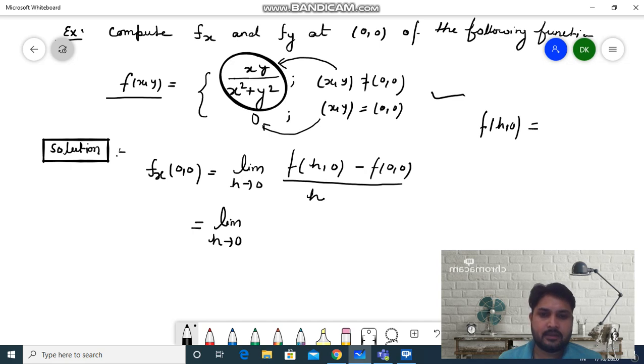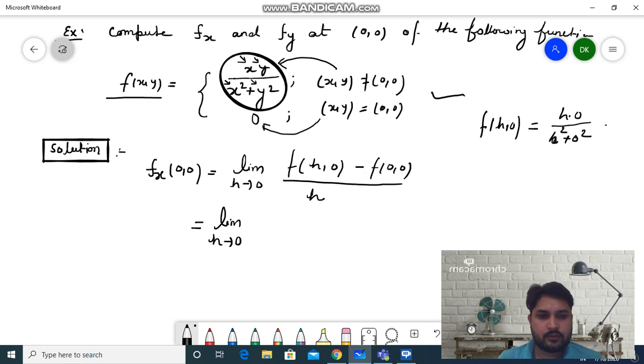That means we will put in place of x here h, and in place of y we will put 0. Similarly, in place of x square we will use h square, and in place of y square we will use 0. So it becomes h into 0 upon h square plus 0 square.